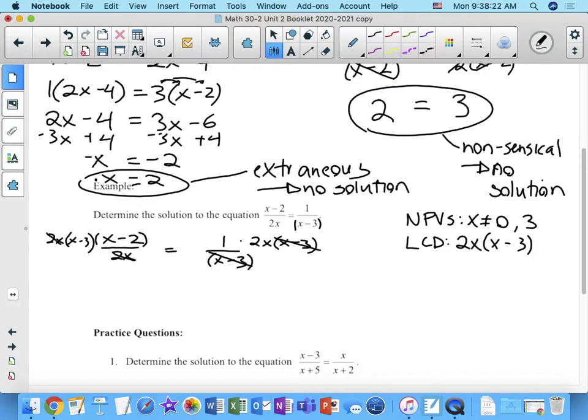Okay, so what we're left with is x minus 3 times x minus 2 equals 2x. All right, what do you think we need to do now? It's no longer a rational equation. What do you think we should do now?